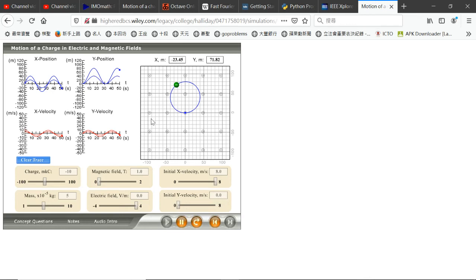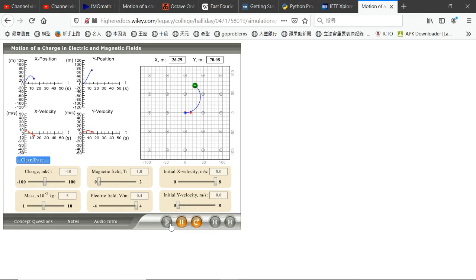So if I make this 0.4, what will be? Actually, I'll just show it to you. It will be interesting. Let's see. Well, 0.4.